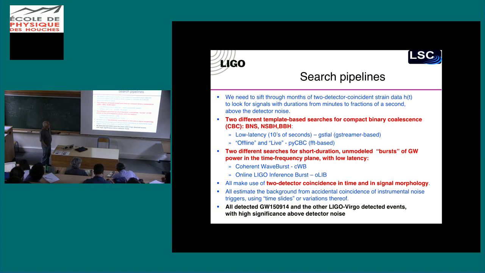One is designed to be low latency. It's called GstLAL. It's based on GStreamer, which is third-party software that you have already if you have a Linux computer, which does audio streaming and signal processing in the time domain. It's designed to do signal processing in the time domain in a streaming, time-coherent way. Okay.